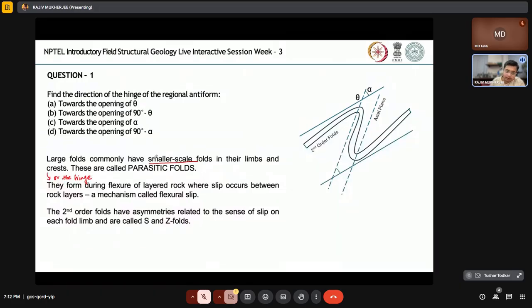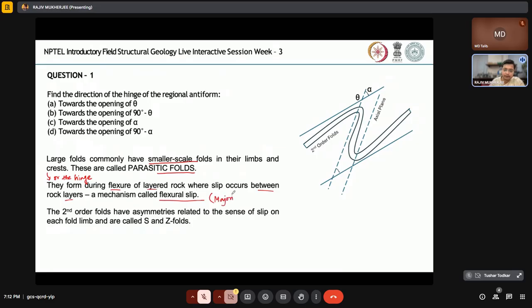And these second order folds are generally known as parasitic folds. These parasitic folds form during flexure of layered rock where slip occurs between rock layers, and this is a mechanism which is commonly known as flexural slip.